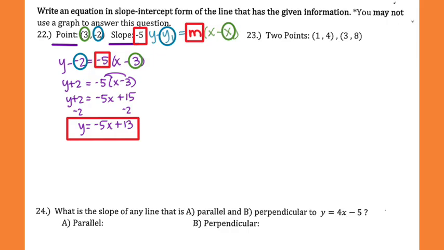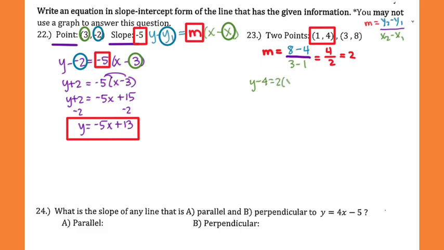On 23, if I'm given 2 points, I don't have a slope yet, so I can't use my point slope form, but I can use the slope formula to find my slope. And on this one, the slope I get is 2. So then I have a decision. I can use the first point and substitute in my y1 and my x1 and distribute and solve, and I would get y equals 2x plus 2.